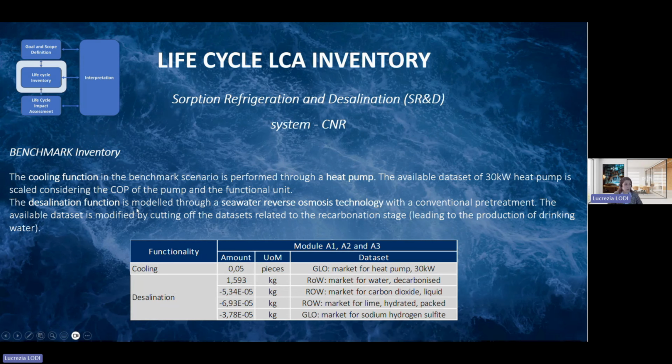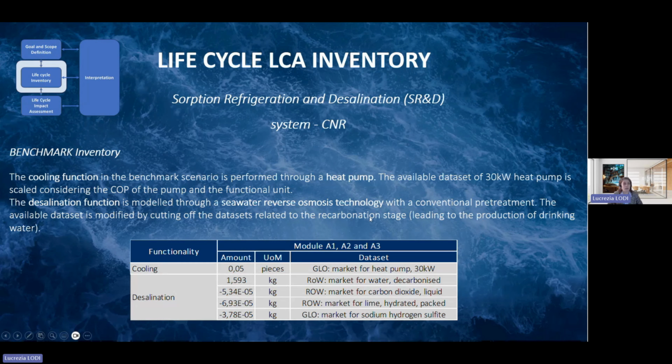While the desalination function is modeled through a seawater reverse osmosis technology with a conventional pretreatment. But since the dataset available in the databases refers to drinking water production, and our functionality in the project is not producing drinking water, we considered first the dataset representing this process, but we depleted the quantities related to the production stages that we are not interested in considering.